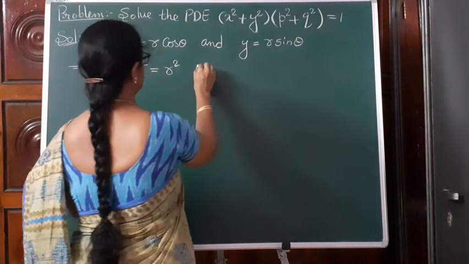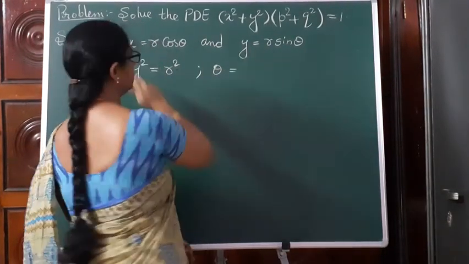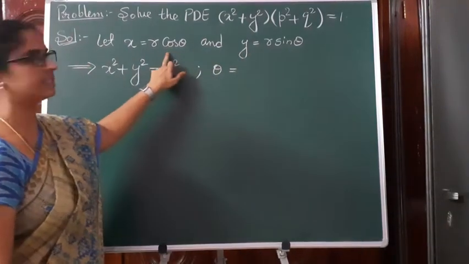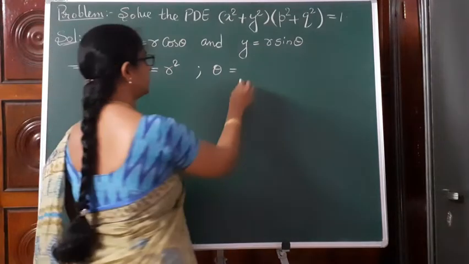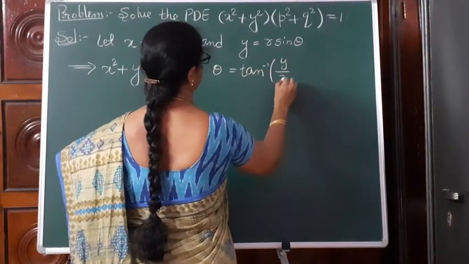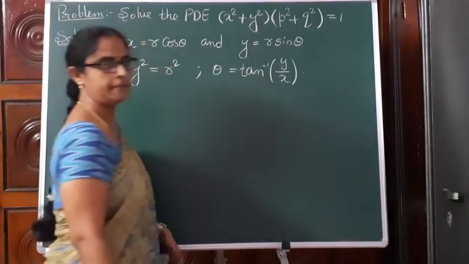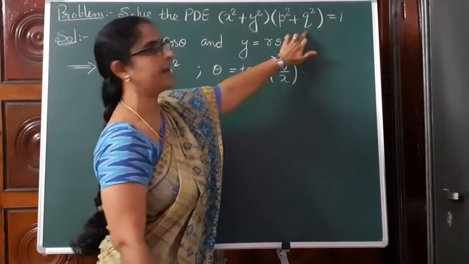And what is theta? If we divide y by x, we get r sin theta by r cos theta, that is tan theta. Therefore theta is equal to tan inverse of y by x.